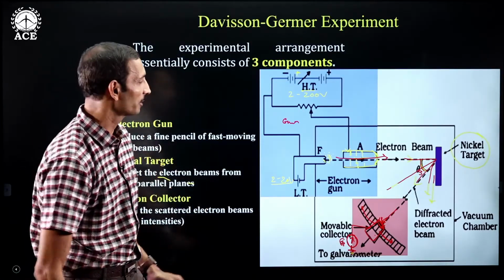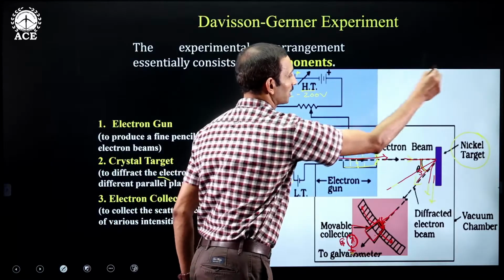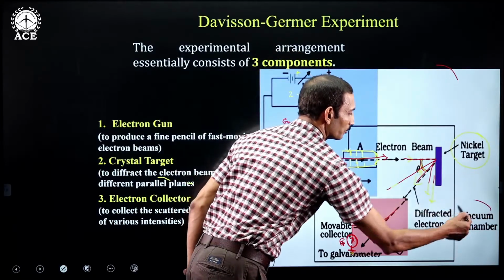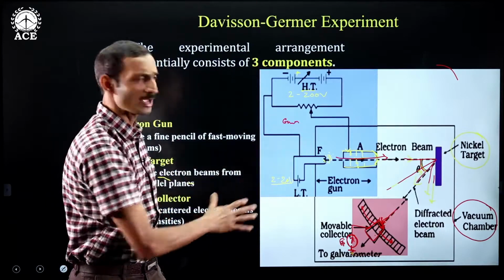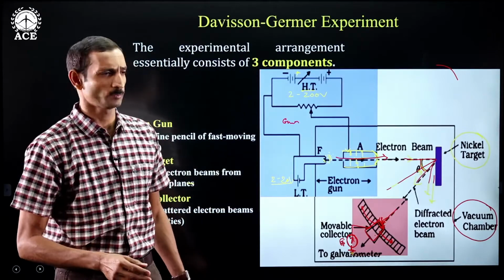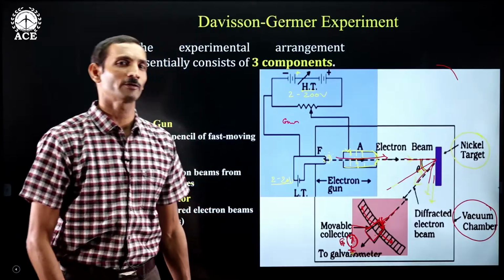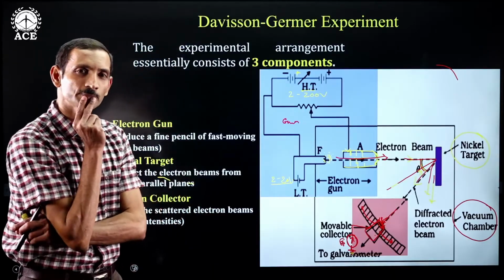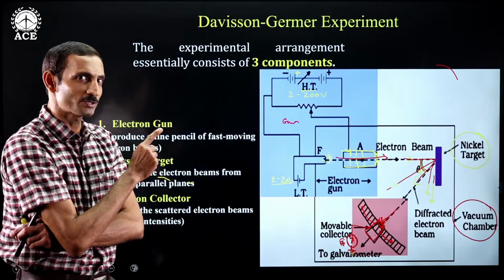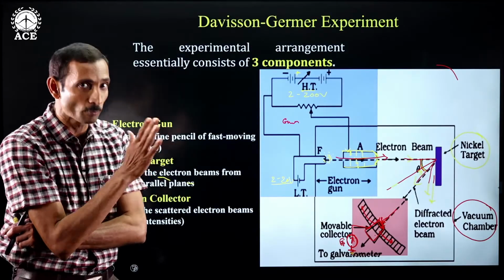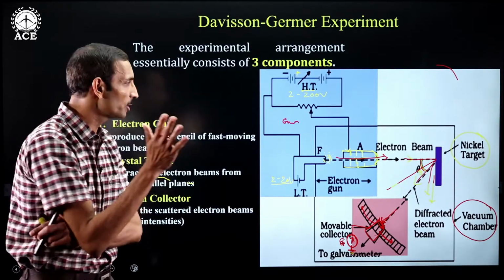Let me tell you one thing here. This entire setup is placed in a vacuum chamber, possibly an evacuated glass chamber. Why do they have to use an evacuated glass chamber? Think. They use it in order to avoid any gaseous molecules being present.